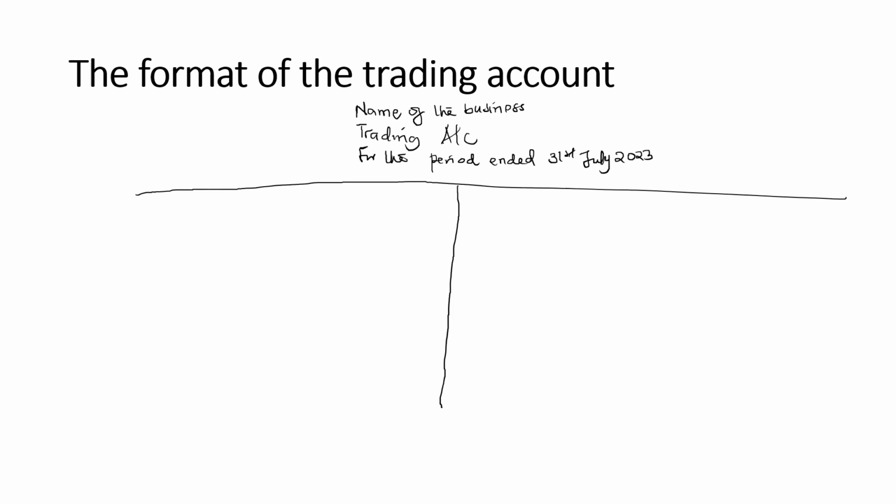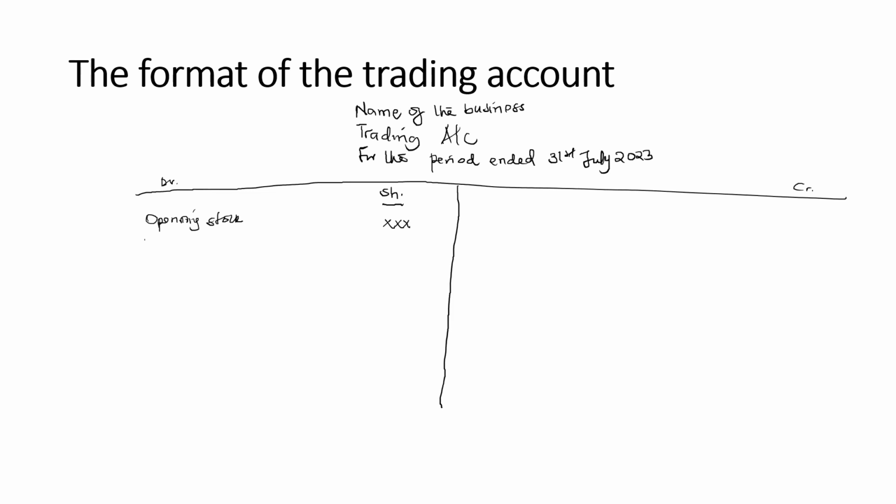So we come to the debit side. We'll have the cost of sales. This is the debit side. Then on the credit side, we'll have the net sales. So starting with the debit side, we have the opening stock. How much is the opening stock? You add it there.